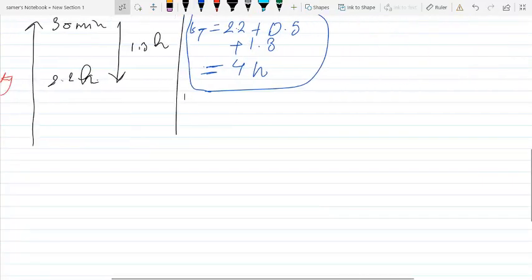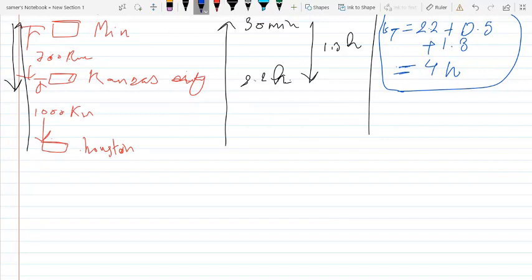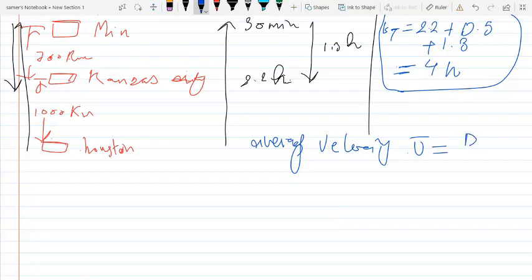If we need to find the average velocity, V average equals delta x over delta t.